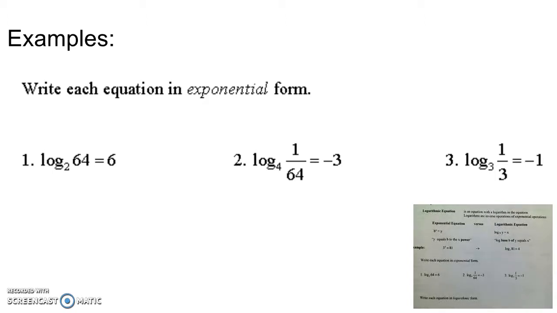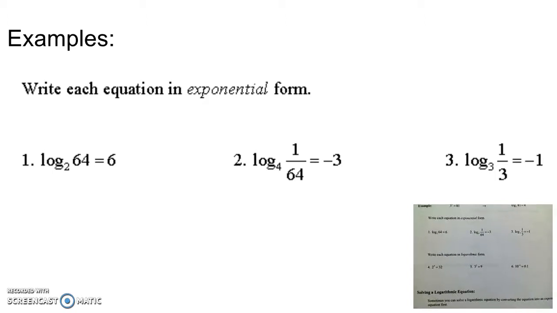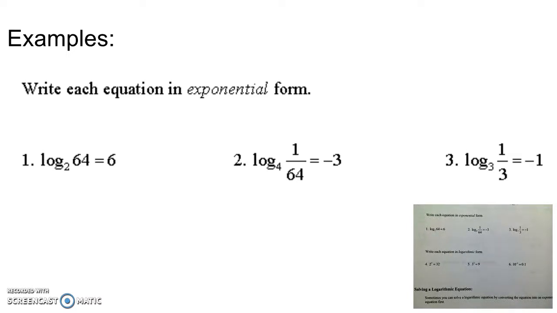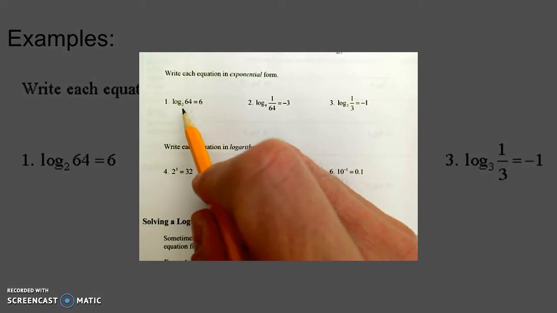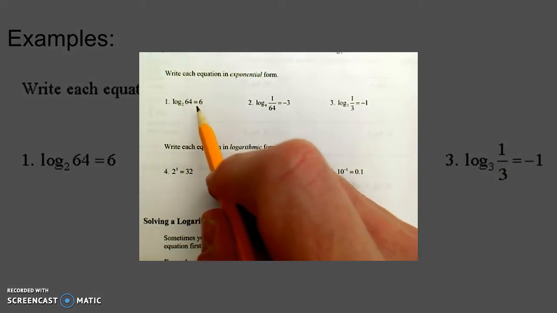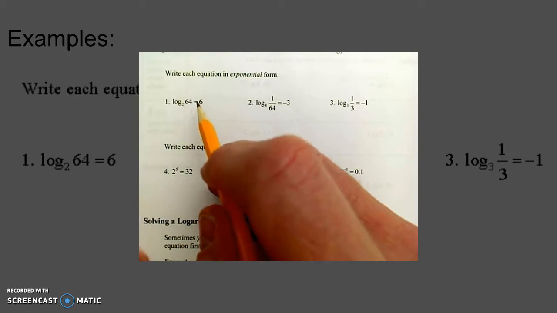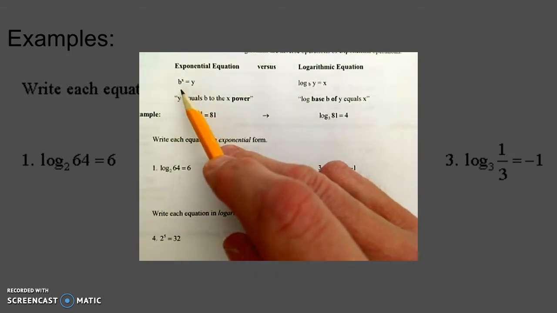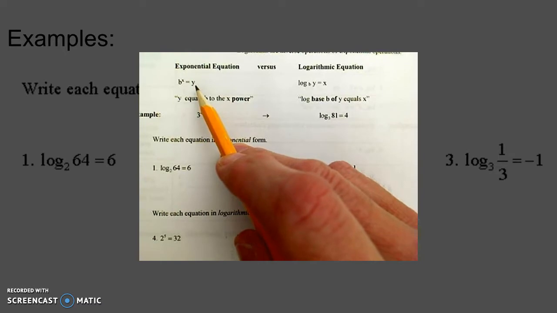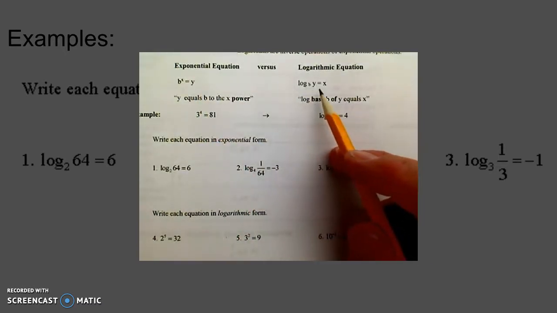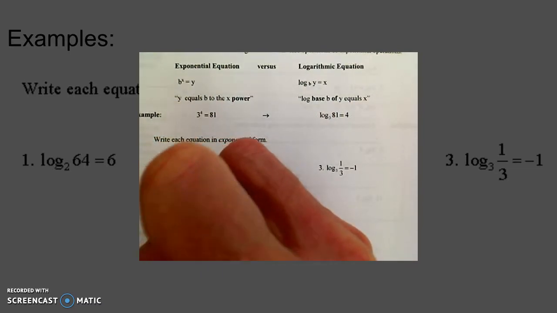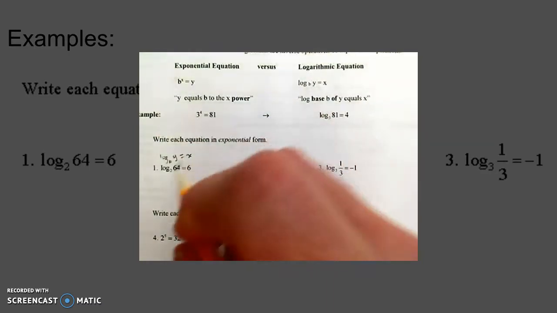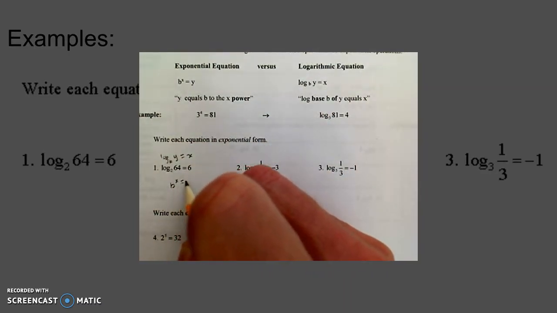All right, so let's take a look at some examples. We're going to take these logs and write them in exponential form. So the log base 2 of 64 is 6. Remembering that b to the x equals y is the exponential form, log base b of y equals x, we're going to rewrite this as b to the x equals y.